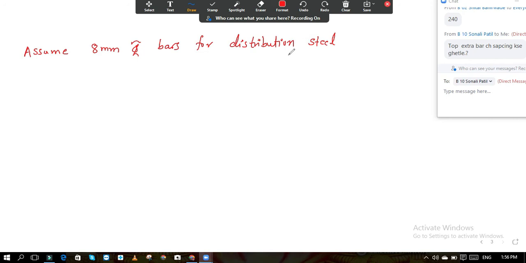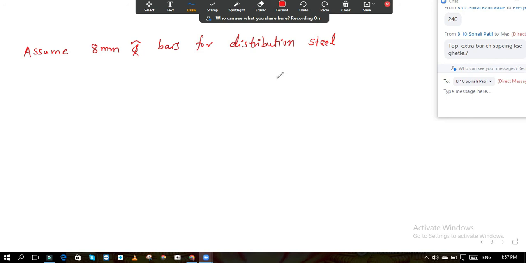In the last lecture I have told you how to take the spacing of top extra bar. Okay, you can see that video I have already uploaded on the link, and for your kind information that is the thumb rule for the top extra bar. Whatever is the spacing of your main steel bars, just double the spacing of top extra bar.